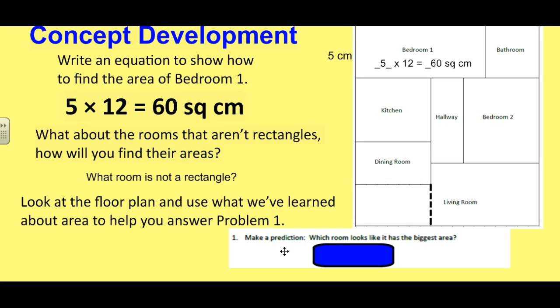And I want you to go ahead and write that on your problem set for number 1. And then we're going to move on to the next part of the problem set. I'm not going to show you this prediction because we're going to wait until we have measured each room and found the area of each room to see if your prediction was correct or not.